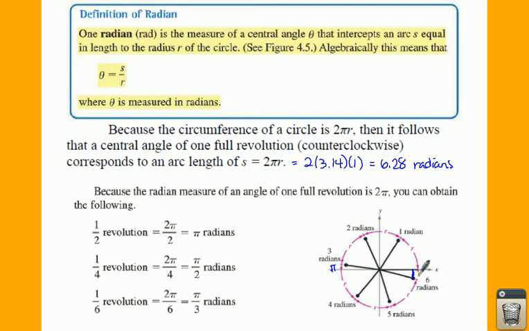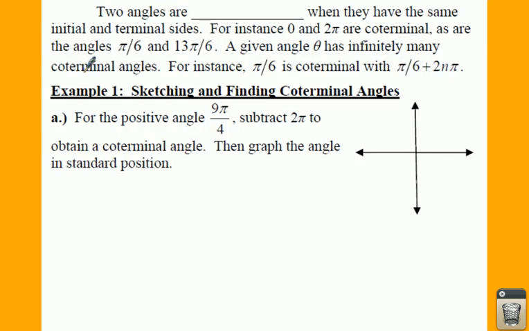If you go 1/4 of a revolution, up here, you take 1/4 times 2 pi, that gives you pi over 2. And if you go 1/6 of a revolution, that's going to be right about here, and that's 2 pi times 1/6, which is pi over 3. That's how you get those pi over 3s, pi over 4s, 2 pi over 3s, 11 pi over 6s, all those. They all deal with the distance around your circle. Whew. Okay.